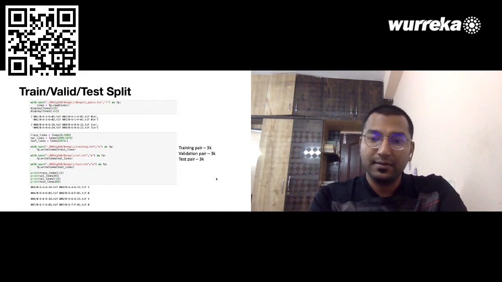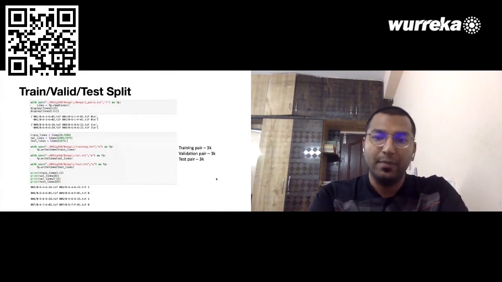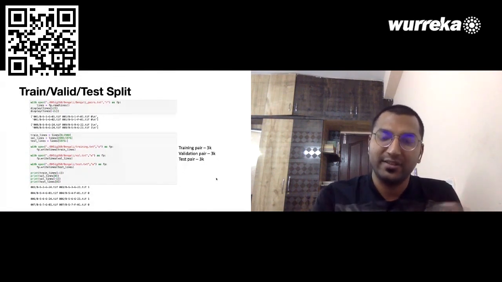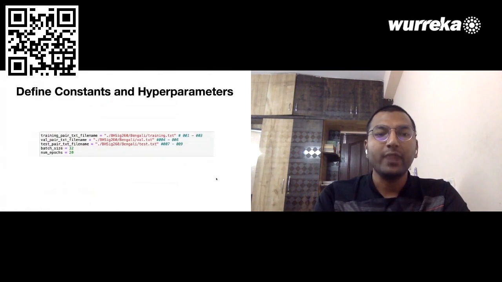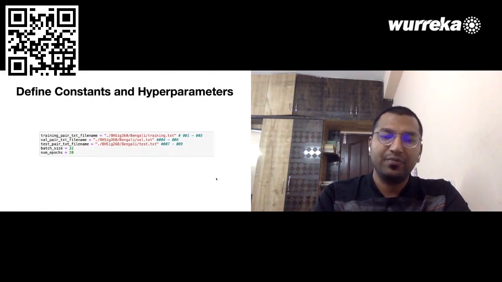Just try to understand, it is a signature image pair, so it is not the count of individual signatures from individual people, because we do quadratic combinations, and that's why it creates that many training examples. Then we define the constants and the hyperparameters.